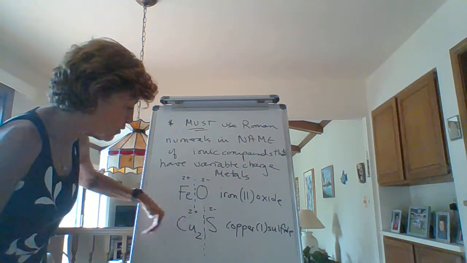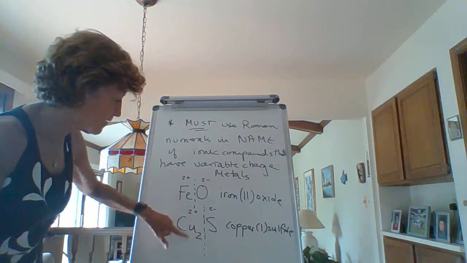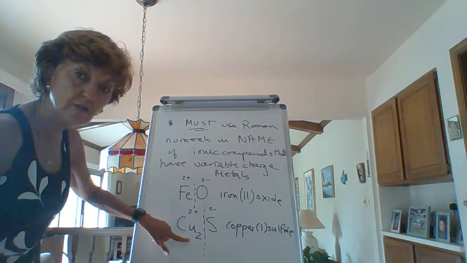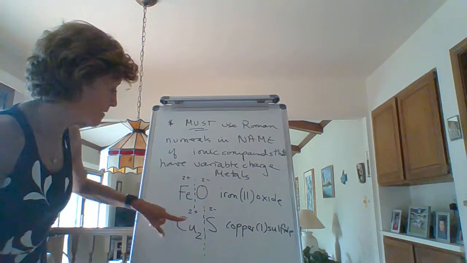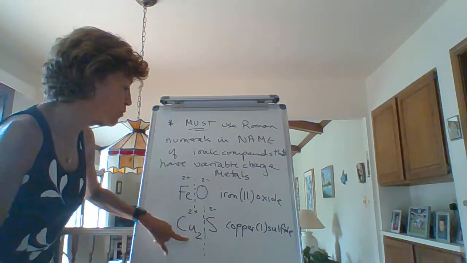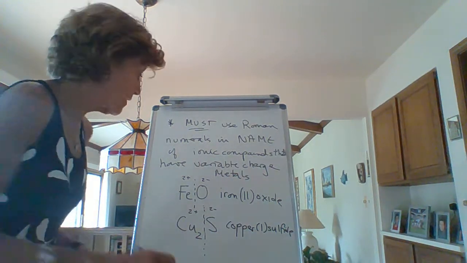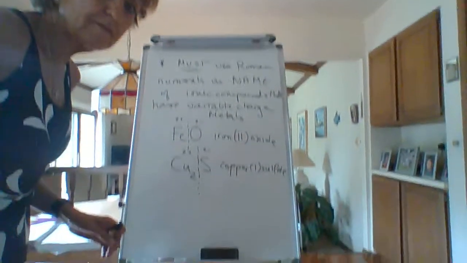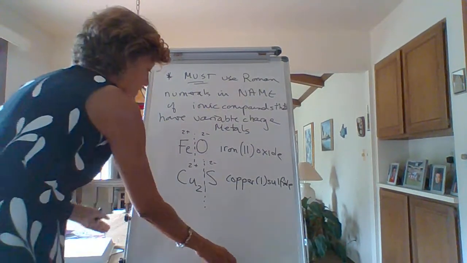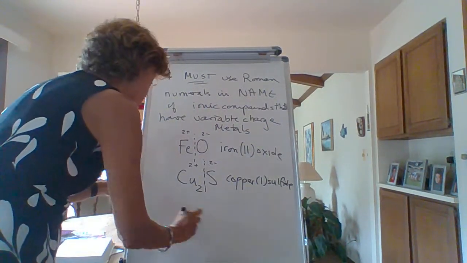Because we have 2 on this side, you have to divide by 2. Divide the charge by this number. Okay? So that's why it's 2 divided by 2 is 1, copper Roman numeral 1 sulfide. Okay, let me do another one down here. Let's say I've got this.